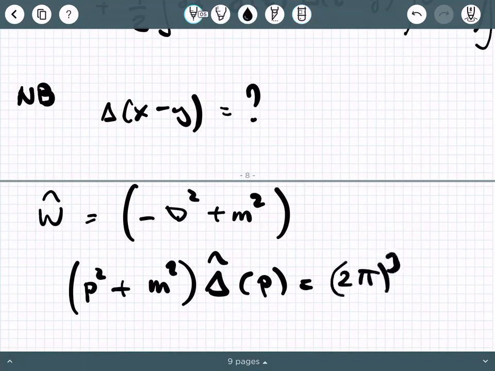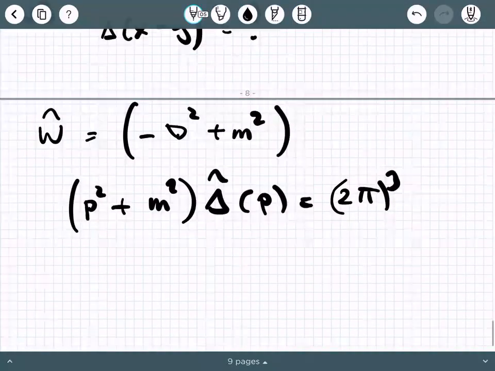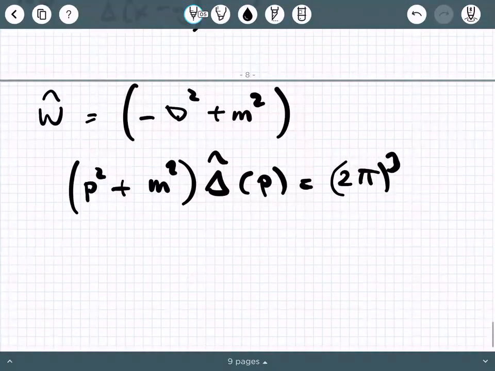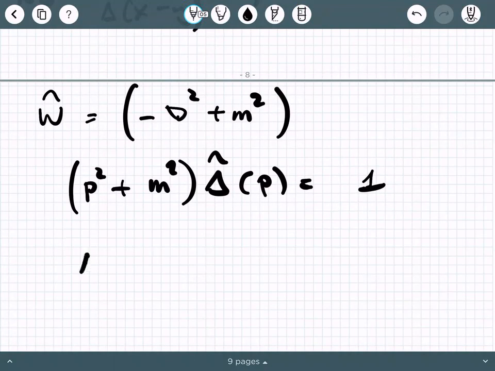But let me suppose you put the 2 pi here. I actually prefer a definition in which the Fourier transform of the delta is 1, but you can play around with the definition you want. The point is that up to a constant, this is 1 over p squared plus m squared.